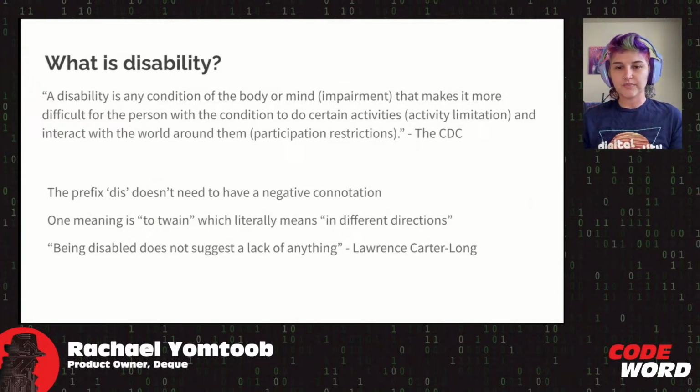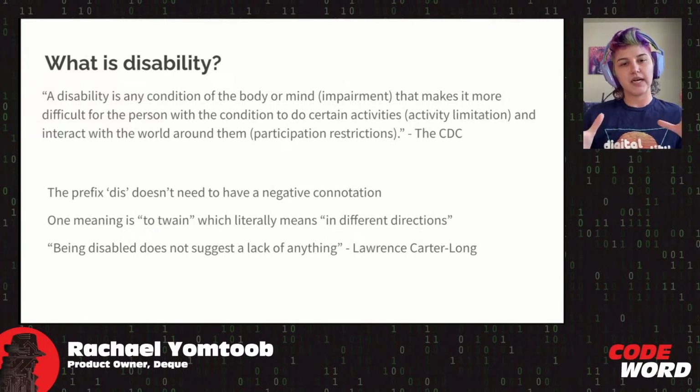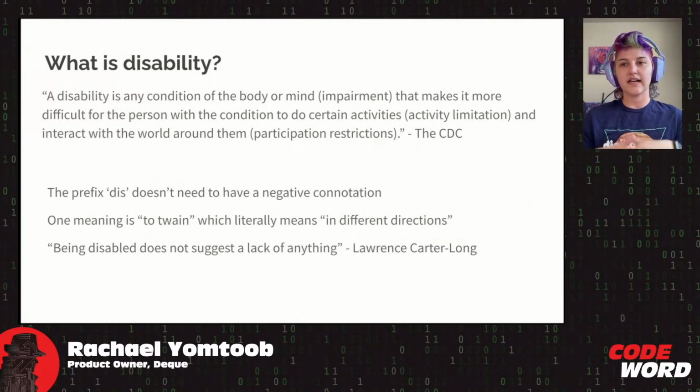I have a quote here from Lawrence Carter-Long: being disabled does not suggest a lack of anything. Using the word disabled is important to the community to redefine it and make sure that it doesn't have that negative connotation, and that it just means that people are different and have different abilities, and no one has a lack of anything.